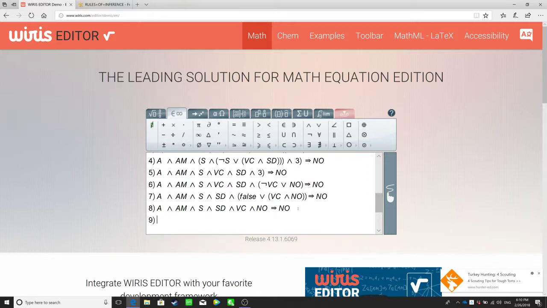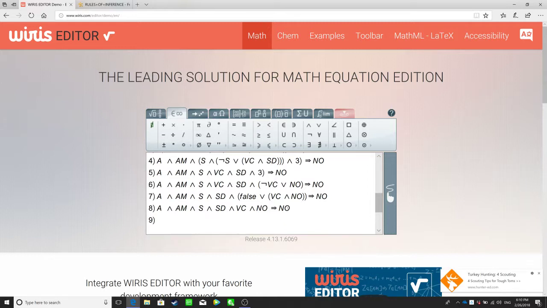But we saw NO, NO, NO, NO. However, there's implication. Again, we use the implication, the implied rule. Let me see. Yeah. So just a negation. We negation everything.